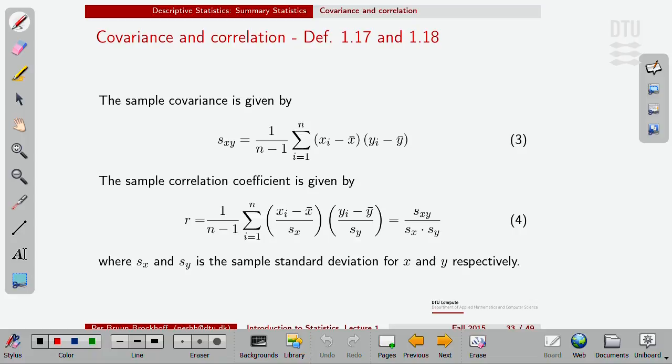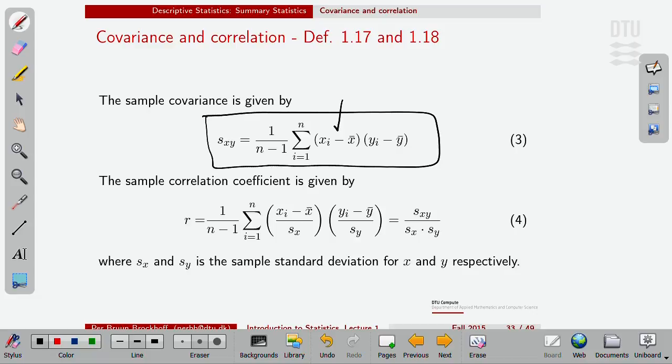We can quantify co-variation by something that looks a little bit like our variability measure, but slightly different. The difference is we take X differences and multiply by Y differences. So we combine the two differences. We don't square one of them and add them up like we do in the variance. We combine the two.